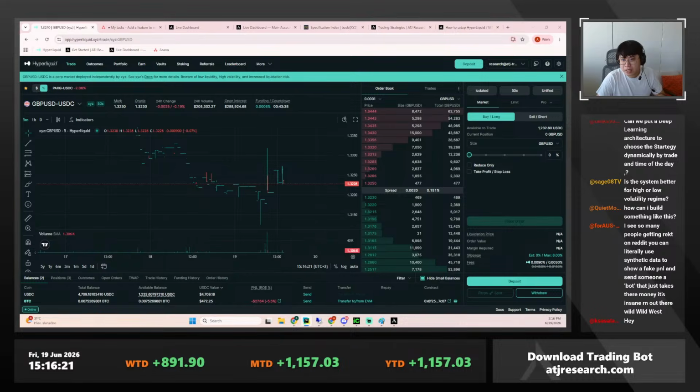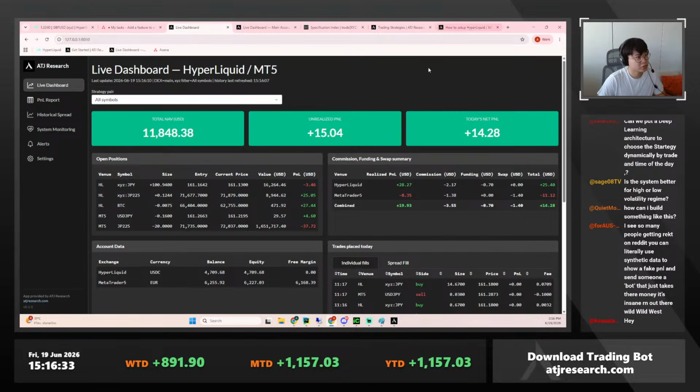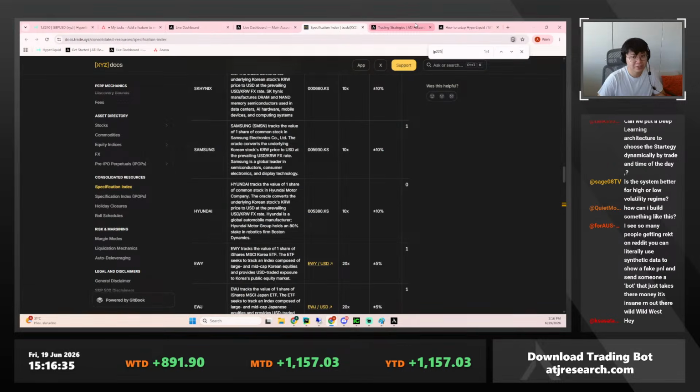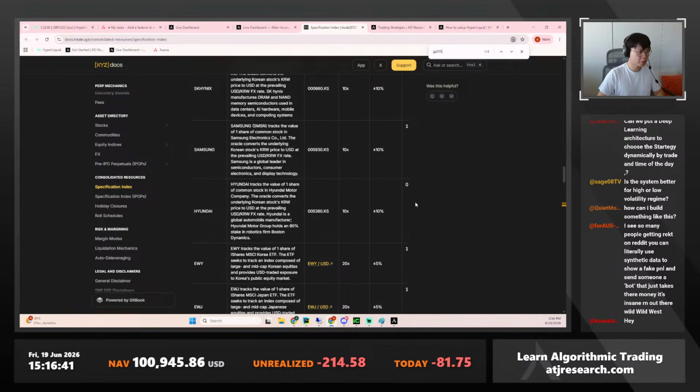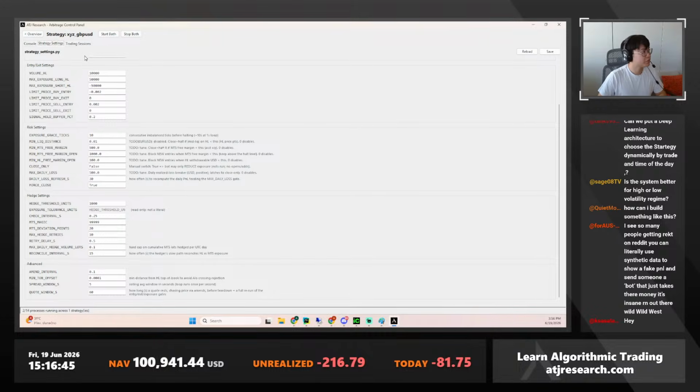Can we put a deep learning architecture in to choose a strategy dynamically by trade and time of day? Yes. If you run a backtest on the historical spread, you want to apply your own strategy settings. The deep learning output could then generate this strategy settings file with the training sessions.